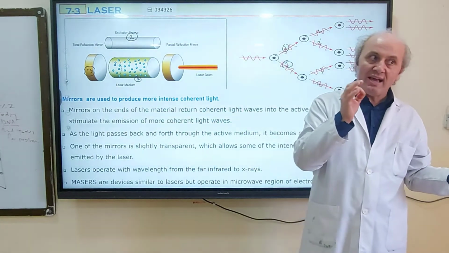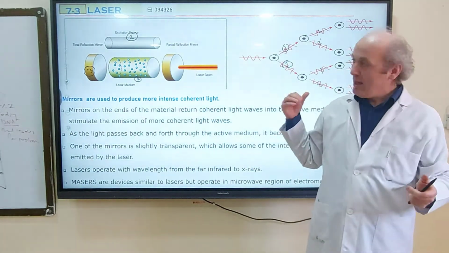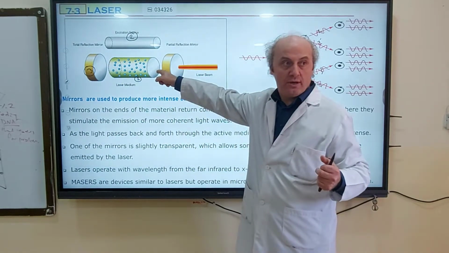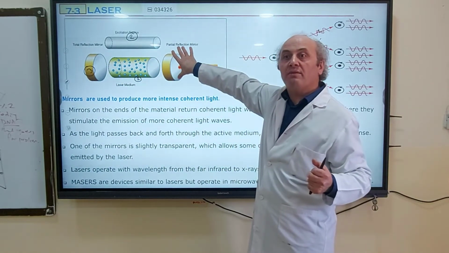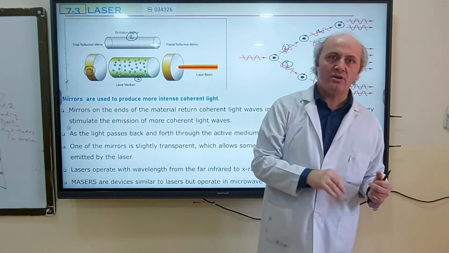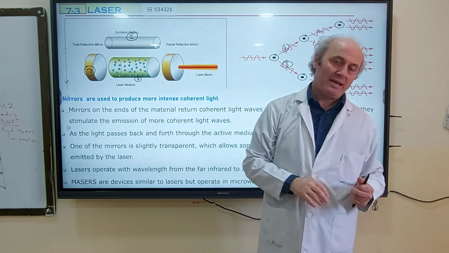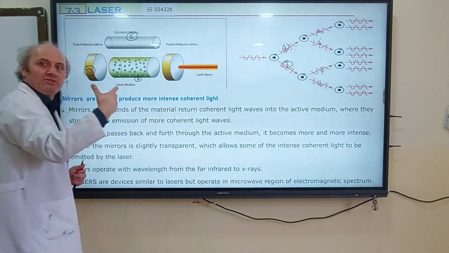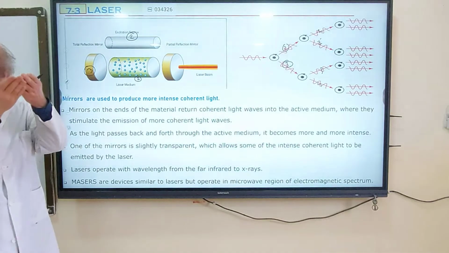If this specific intensity is not provided, until this sent photon arrives here, this partially reflecting mirror reflects these photons back into the active medium again. While they are moving from left to right, they are stimulating and then intensity increases.